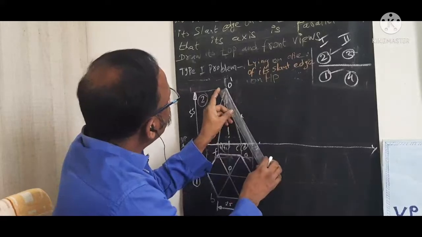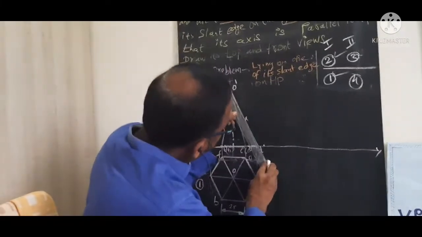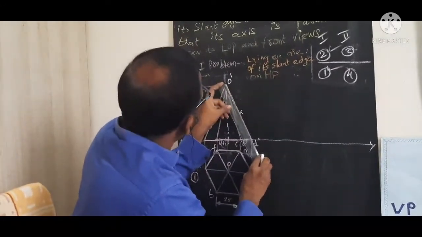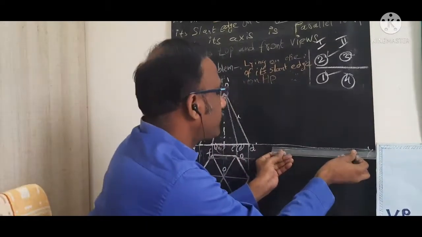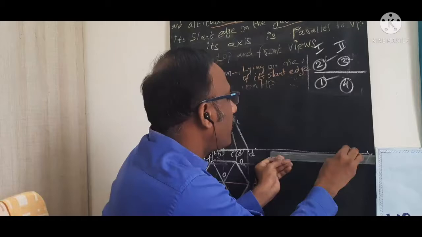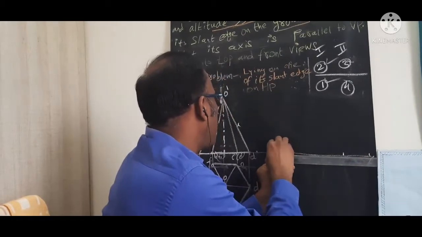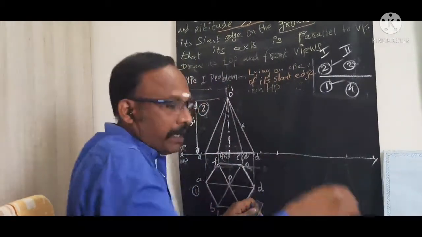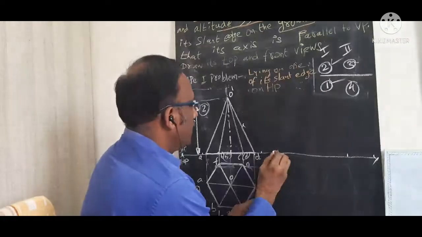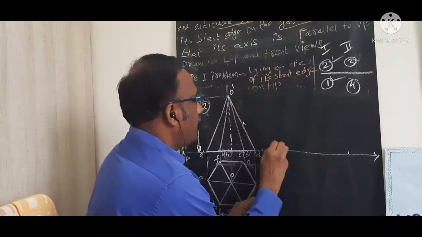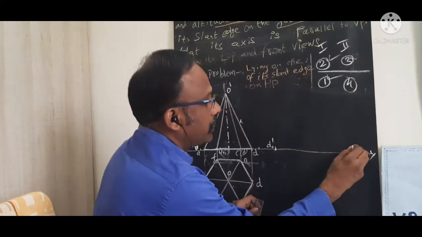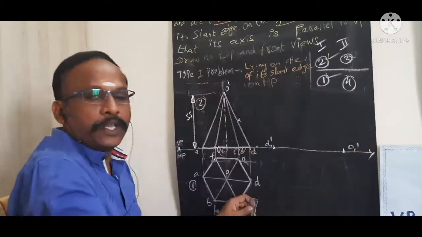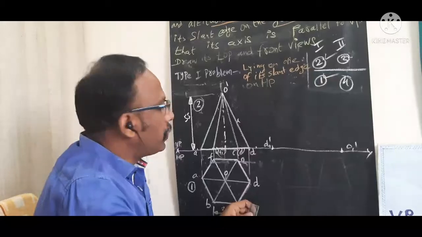You can measure it with the compass, then transfer this point onto the horizontal line. I will mark this point as D1 dash, and this point as O1 dash.